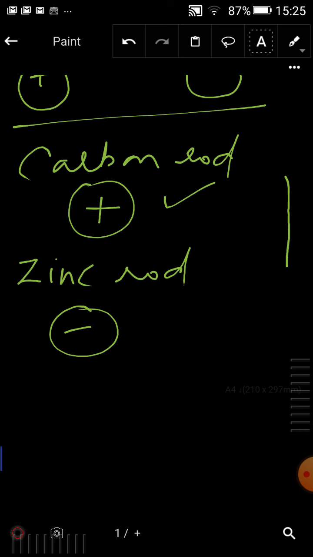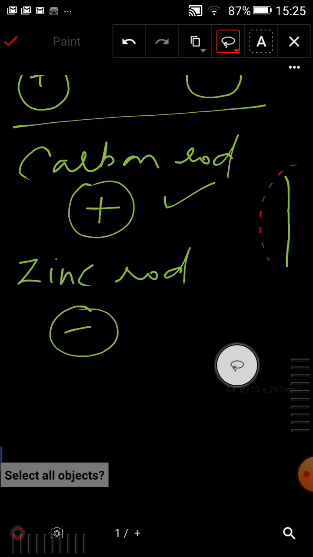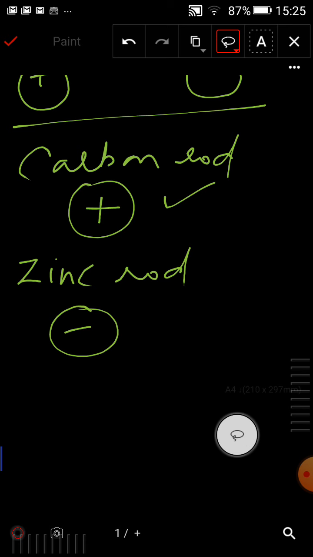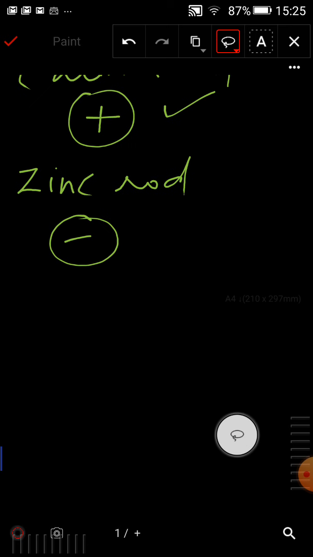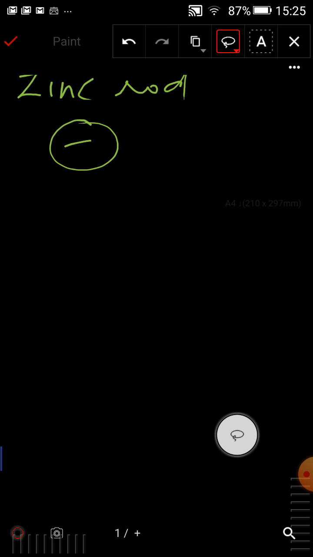Now coming to battery. So what is meant by battery? What we generally use at home is the cell.